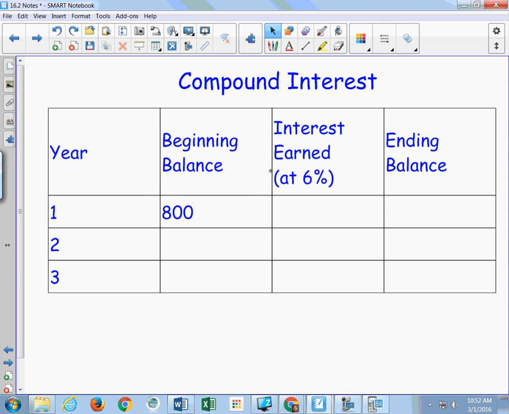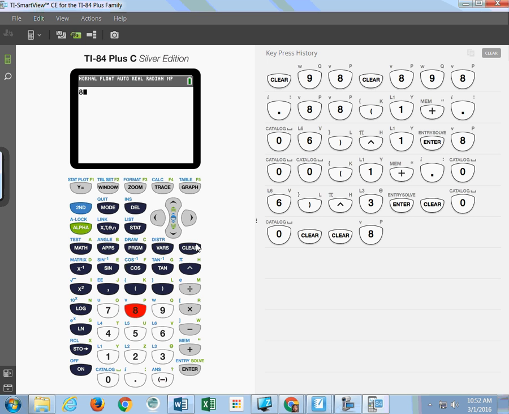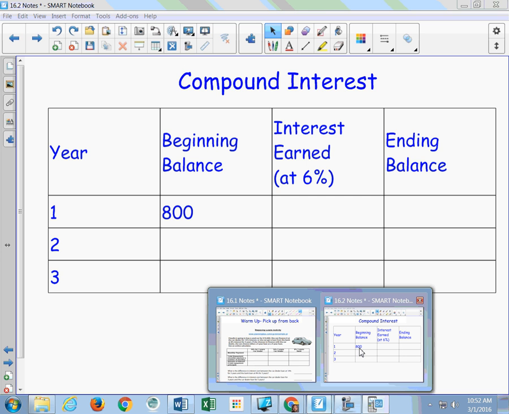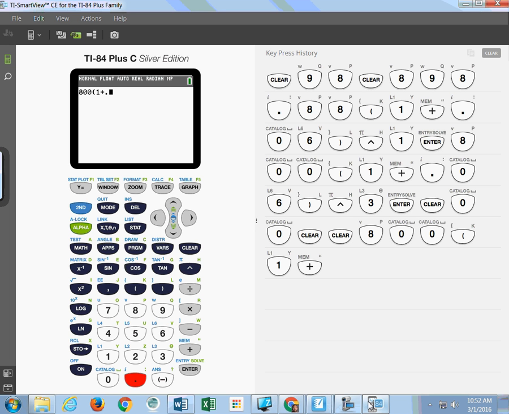All right, so our beginning balance is $800. So we're going to run the $800 through the formula on our calculator. So we're going to type in 800, open parenthesis, 1 plus, interest rate was 6%, 0.06, close parentheses.